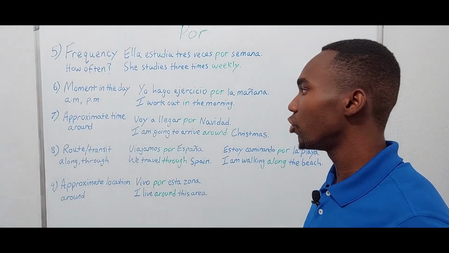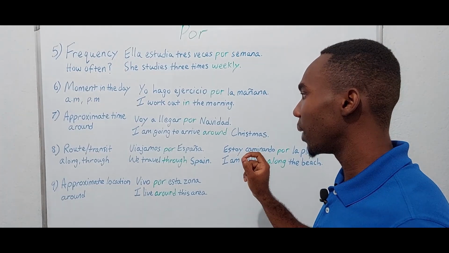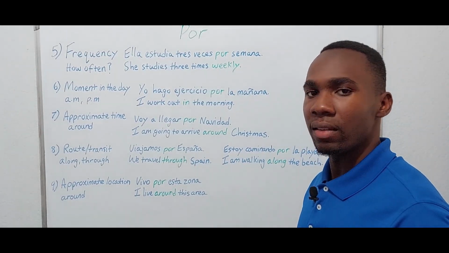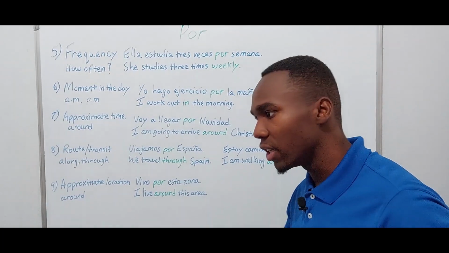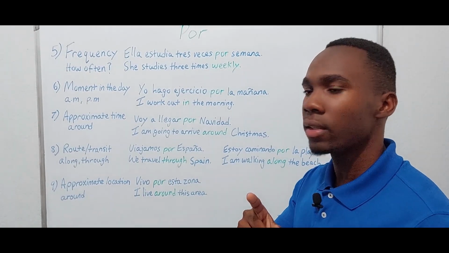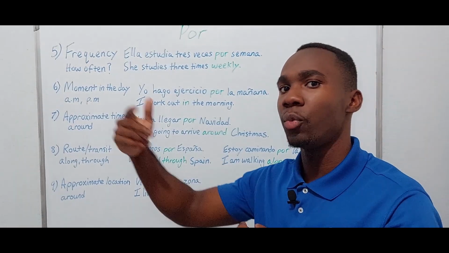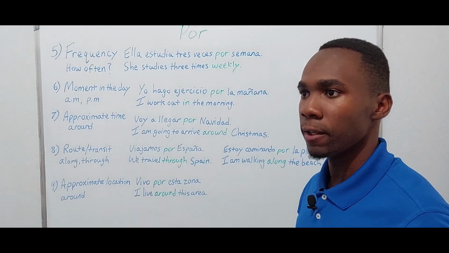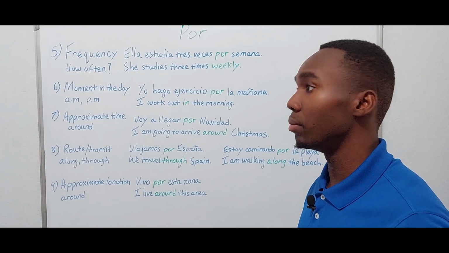8, route or transit. So, viajamos por España. We travel through Spain. So what this is saying is that we are going through the country. We are traveling throughout the country, right? But it could also mean that we travel through Spain to get somewhere else, like in transit. So let's say you are taking a flight and your destination is, let's say Brazil.